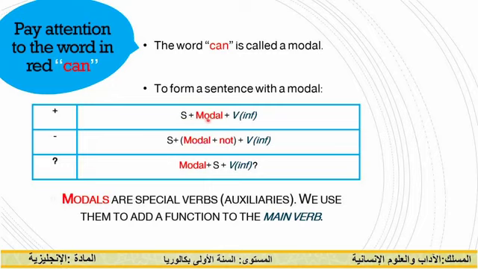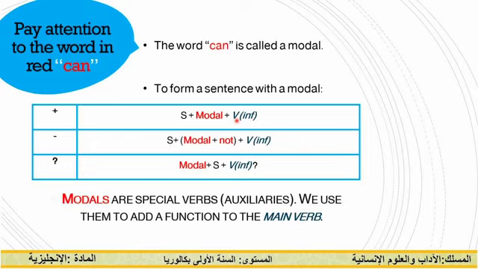The modal can, and we will see other modals, but let's just say, for example, I can. And then the verb, this V here is for the verb. So the verb should be in the infinitive.